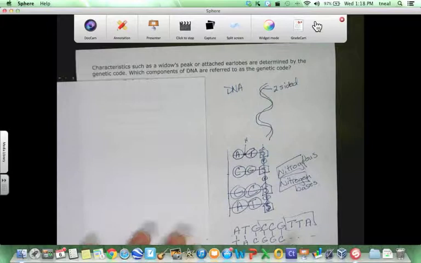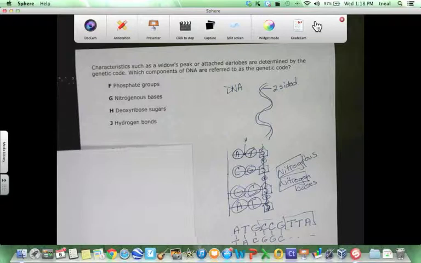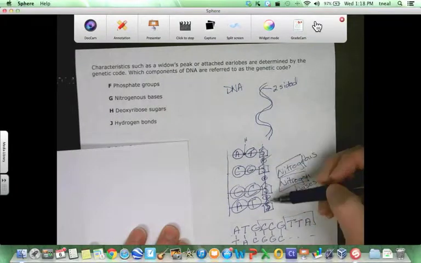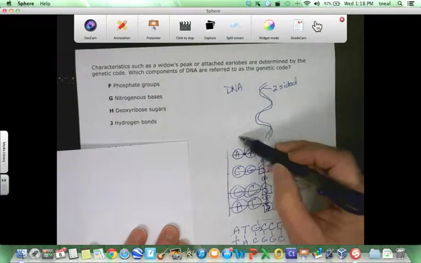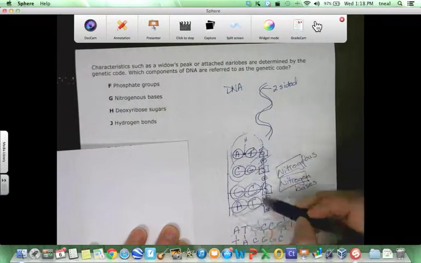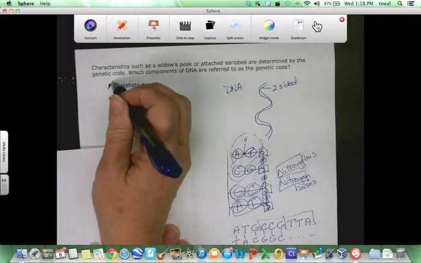So now let me look at my answer choices and see if that has anything to do with what we just did. So I have the phosphate group. Well, I know that the phosphate groups are down along the sides, and I said that it had to do with these nitrogen bases, what's on the rung. So the phosphate group is eliminated.